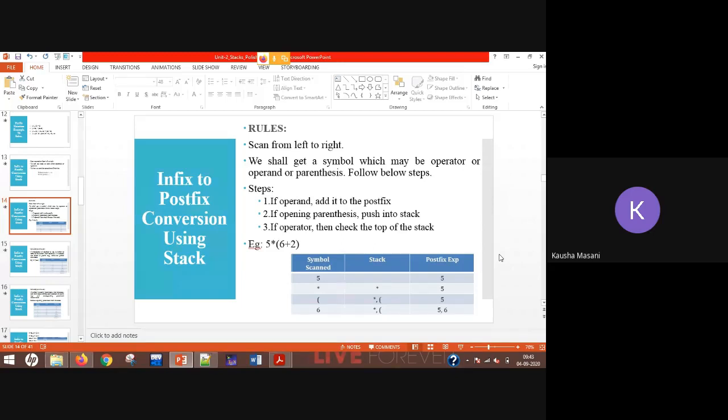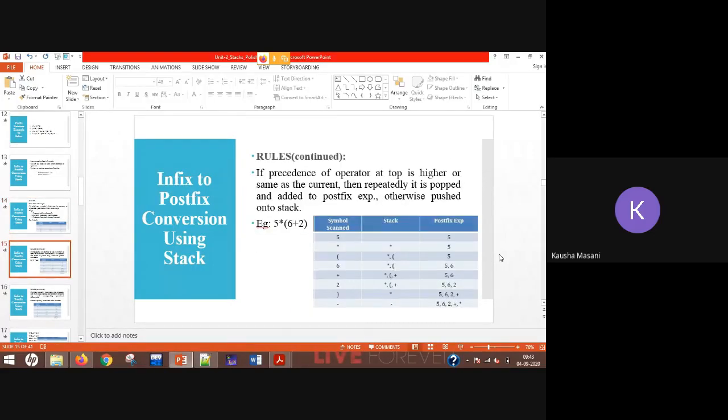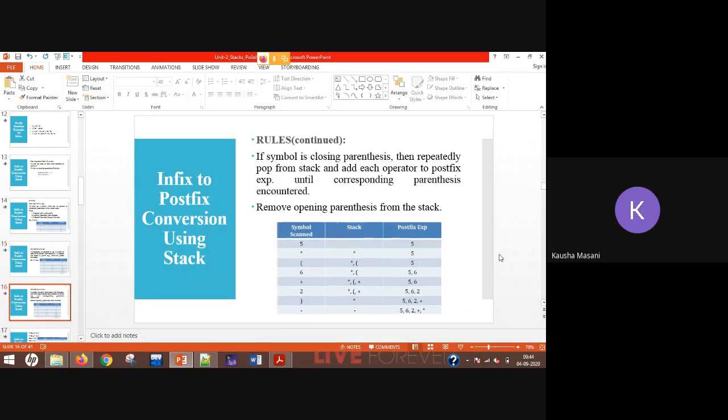Once it reaches its corresponding opening bracket, then you have to stop the pop-out and remove these two brackets. So these were those rules which I just told you. The precedences of the operators you have to check here in the stack method, and the closing parenthesis rule also I just told you.